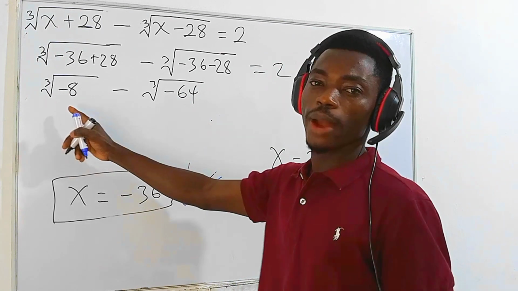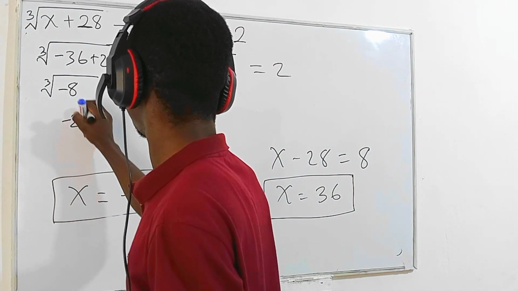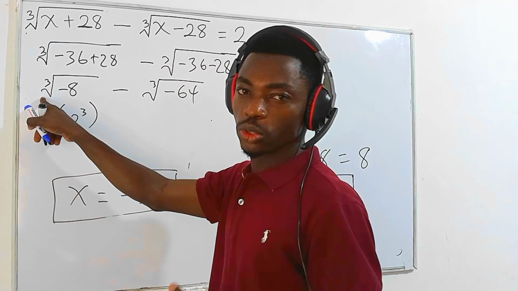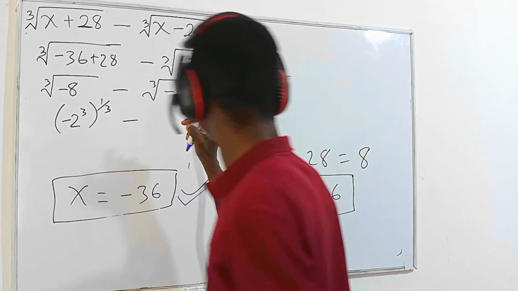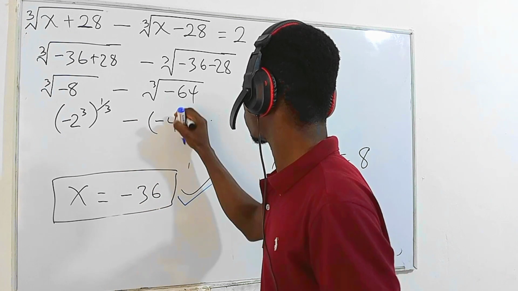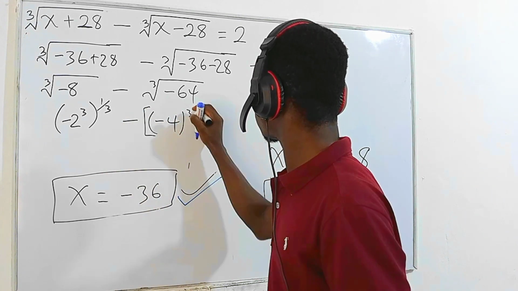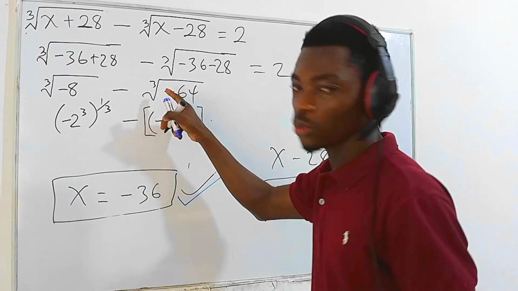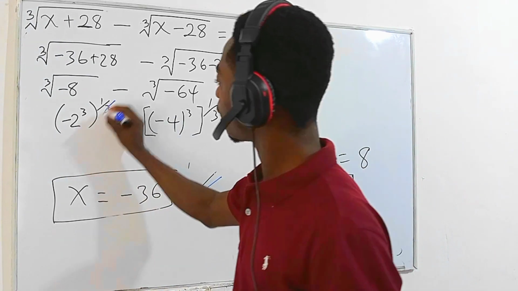In fact, we can write negative 8 as negative 2 to the third power. Then the cube root of that will be everything to the power 1 over 3. Then minus negative 64 could also be written as negative 4 to the third power, all to the power 1 over 3. And clearly we see that these will go.